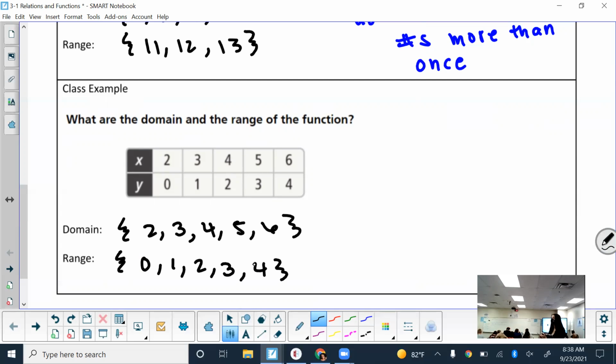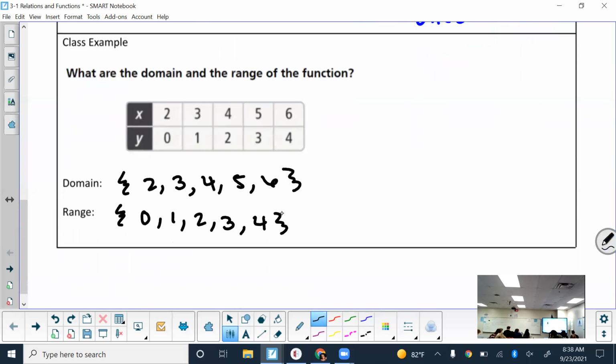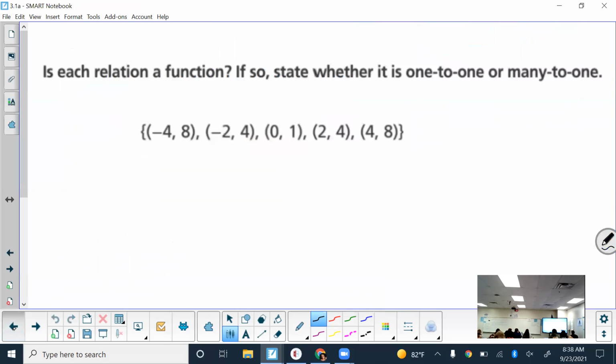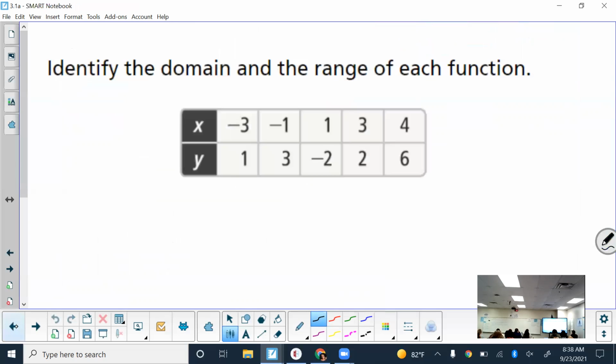All right, for the student example, we have to fill in some blanks. So I'm going to put what the student example looks like. Not this one, this one. Fill in the blanks for your student example, and then identify the domain and range.